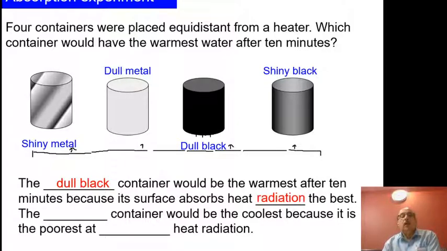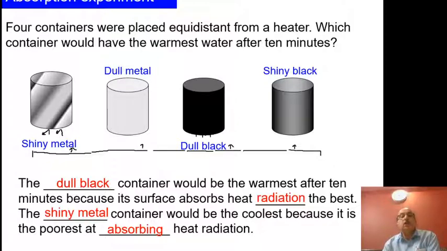And the shiny metal will not absorb as the others because it will reflect the radiation. So the shiny metal will be coolest because it is poorest at absorbing heat radiation.